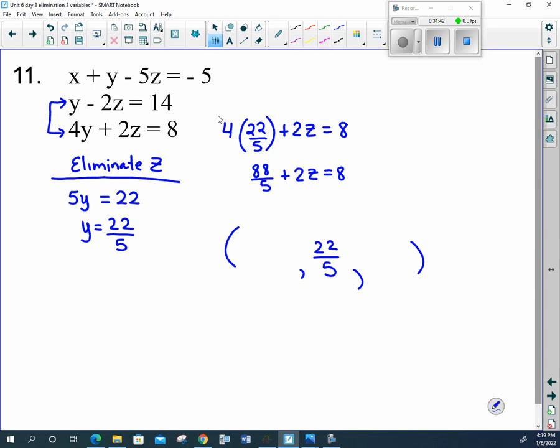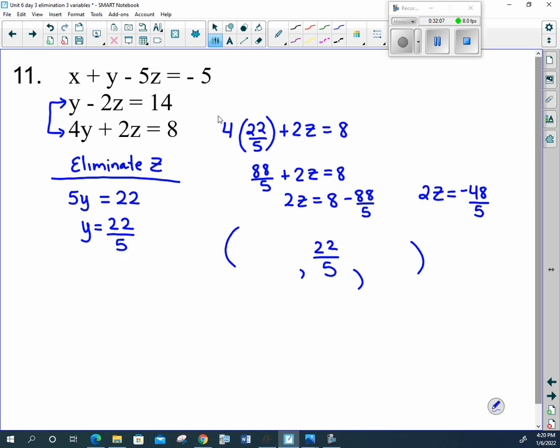And now I'm going to subtract the 88 over 5. So 2z equals 8 minus 88 over 5. So if you get a common denominator on that, that would be 40 over 5. So we would end up with 2z equals a negative 48 over 5.